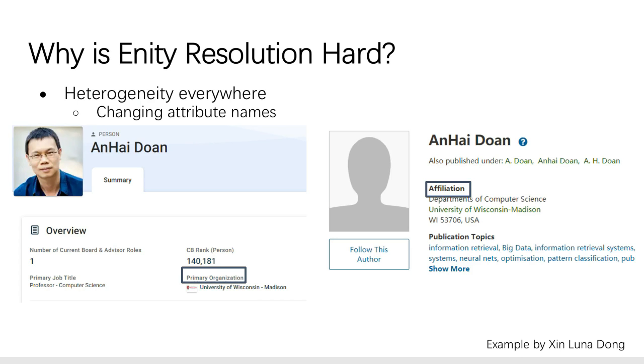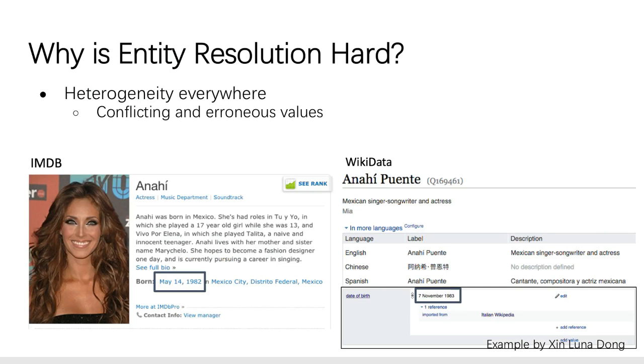If you look at two different pages from their websites, one says primary organization, and the other page says affiliation. So we need to figure out that primary organization is the same as affiliation. And this is not so simple because we don't have the right to change their websites, and the website creator has the freedom to set the names.